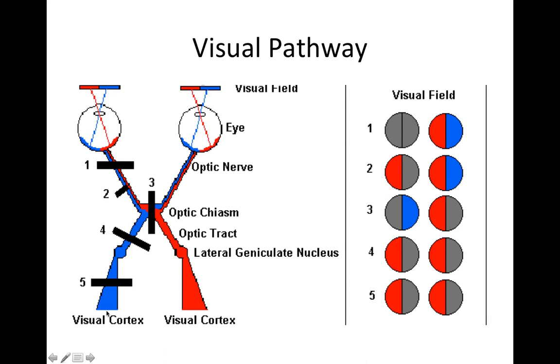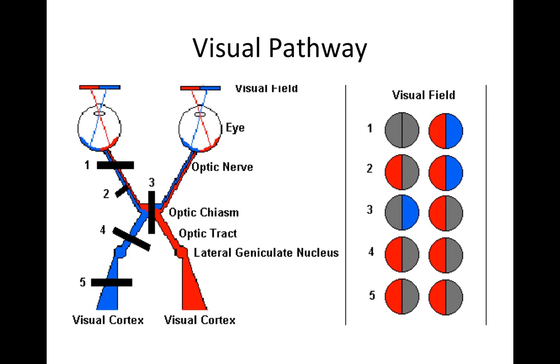This is the same for the visual cortex. At the visual cortex, you are seeing the ipsilateral, lateral eye, and the contralateral, medial eye. Okay? If you can get that straight in your mind, you can conclude any of these deficits.